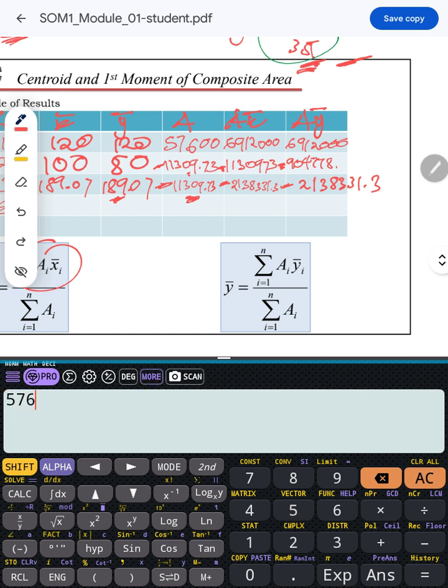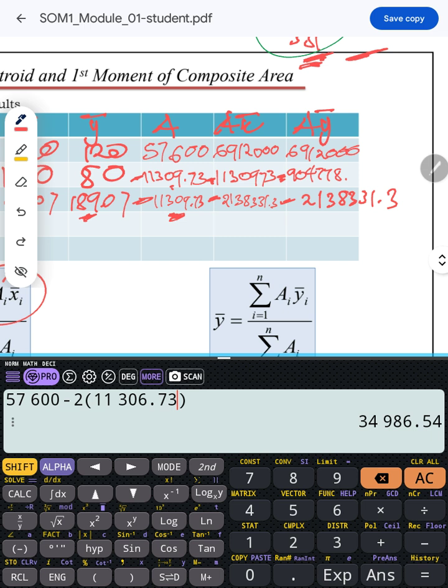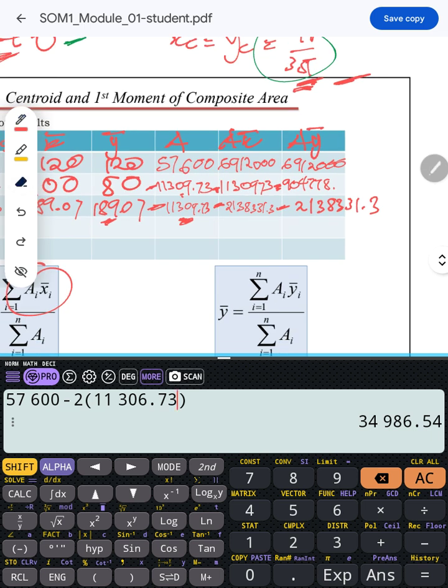So that's 57600, right? Minus 2 in bracket, 1130.973, right? So we have this for the area. 34986.54.